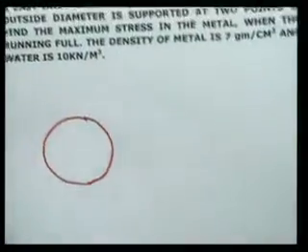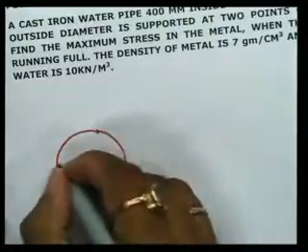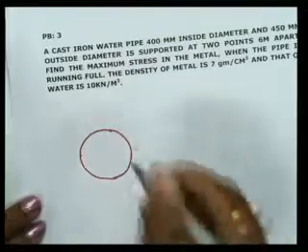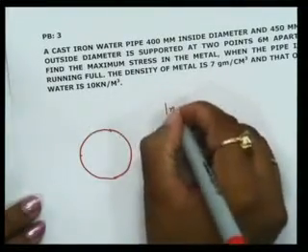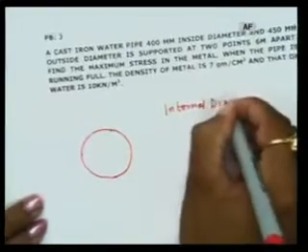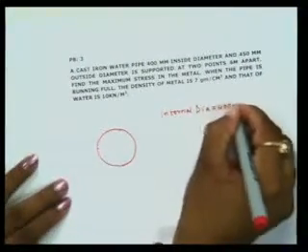Circular cross section is given and the internal diameter is 400 mm. So we can write down over here that the internal diameter is equal to 400 mm.